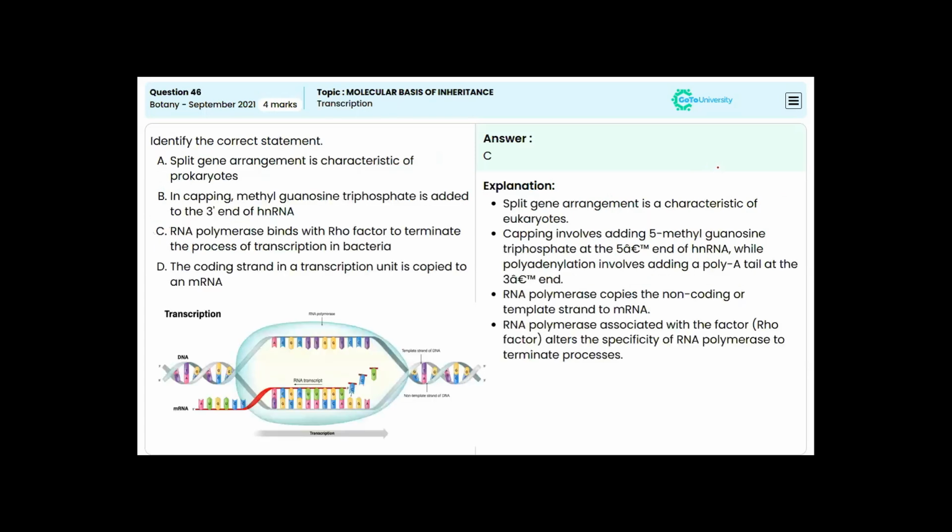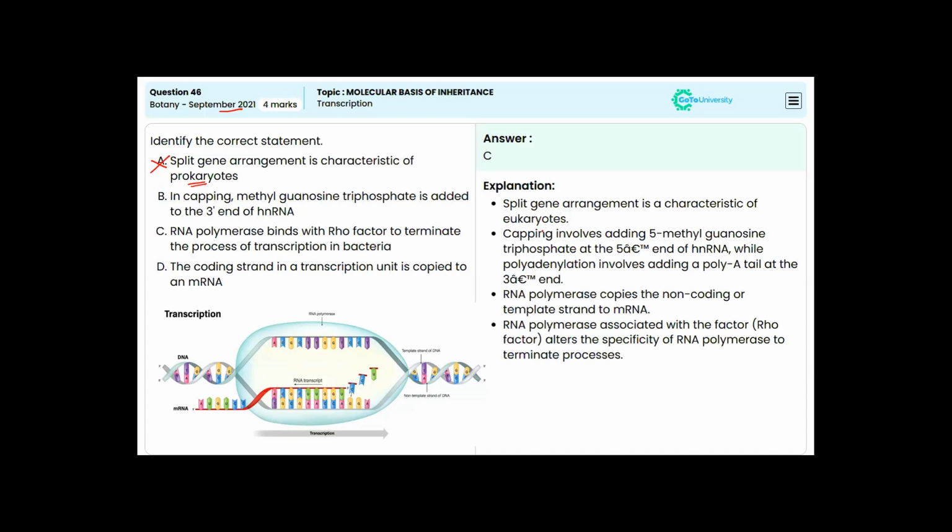Now moving to the next question, from September 2021, question number 46. You have to find the correct statement. Option A, the split gene arrangement is a characteristic of prokaryotes. This is incorrect, as we learned right now. It is a characteristic of eukaryotes, because post-transcriptional modifications, splicing, capping, polyadenylation, everything, happen in eukaryotes.